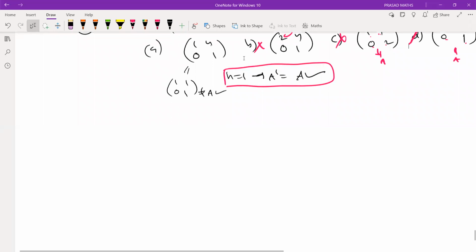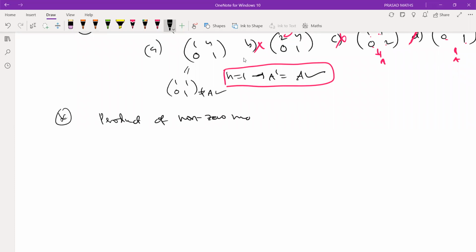Next, I forgot to tell you one application. This is a very important application: the product of non-zero matrices may be zero. That means you take any non-zero matrices, but the product could be a zero matrix.